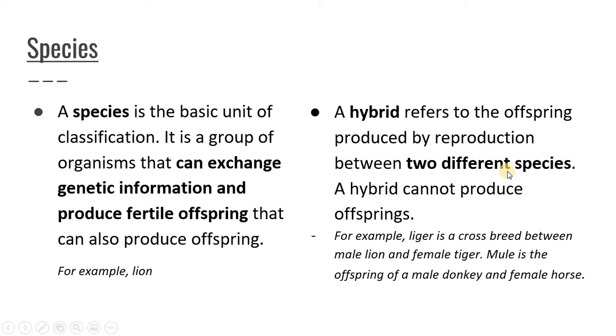That means two different species mated together. So a hybrid cannot produce its own baby, right? For example, a liger is a crossbreed between a male lion and a female tiger. And a mule is the offspring of a male donkey and a female horse.